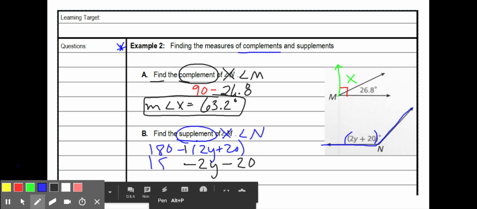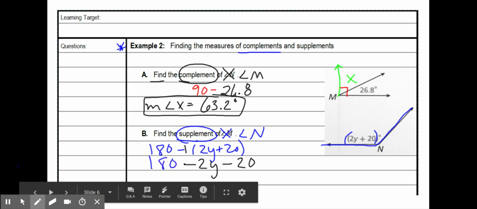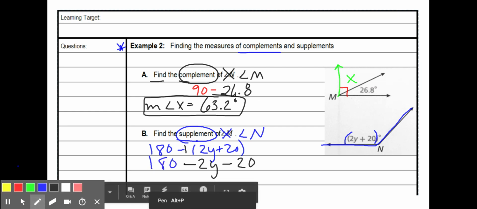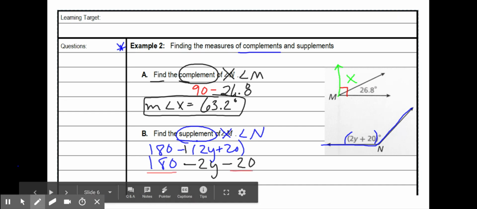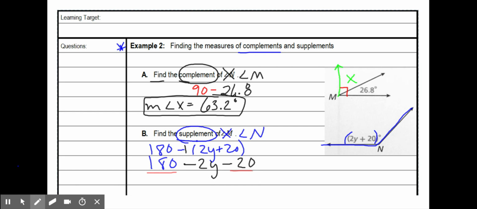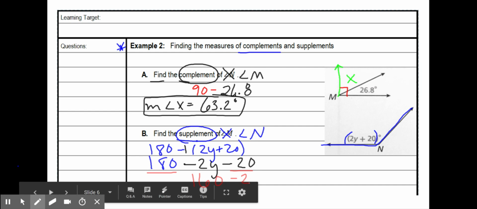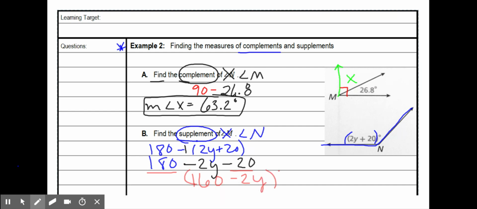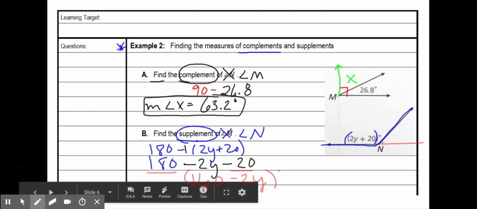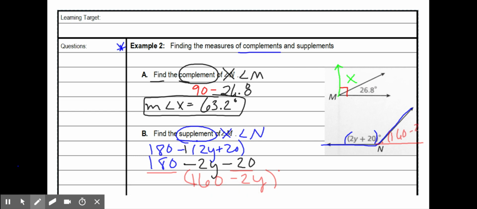And if I bring down the 180, the only thing I can do is add together my constants. So 180 minus 20 gives me 160, and I'm just going to subtract 2y. So that's the measure of my supplement. This is the measure of this teeny tiny angle here, 160 minus 2y quantity degrees. Well, that's that missing angle to give us 180.